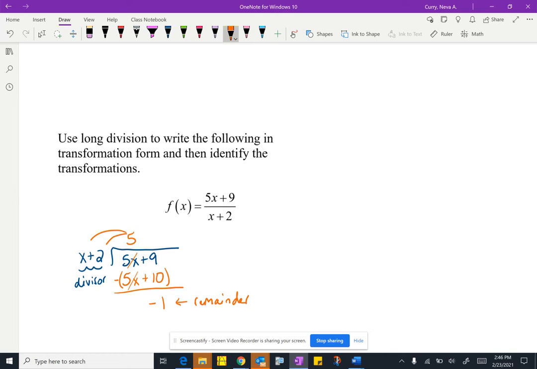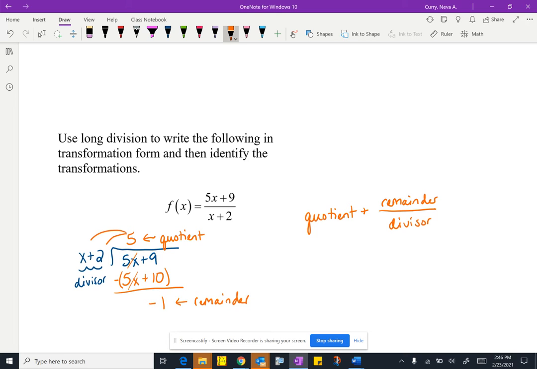And so we always say that it is the quotient plus the remainder over the divisor. Well, I've labeled the divisor, I labeled the remainder, and hopefully we recognize the 5 is what we would call the quotient, the result of division.